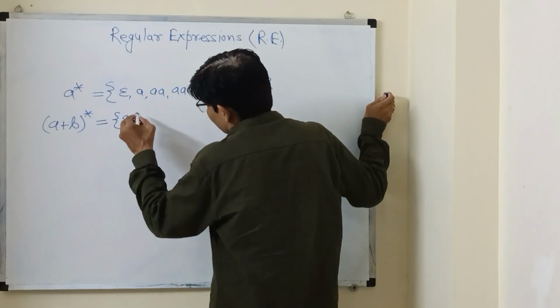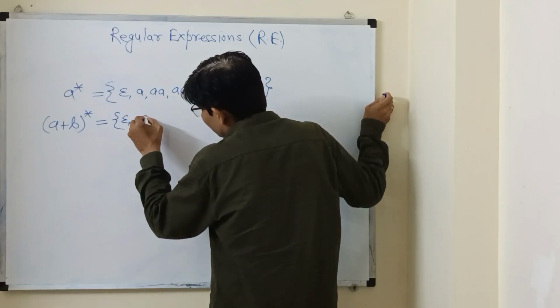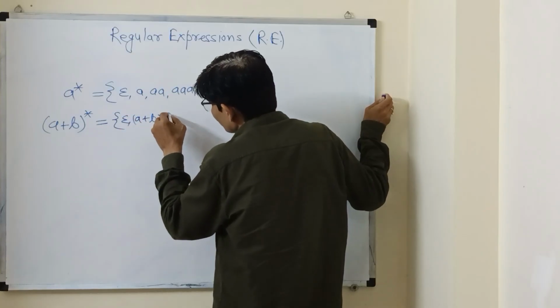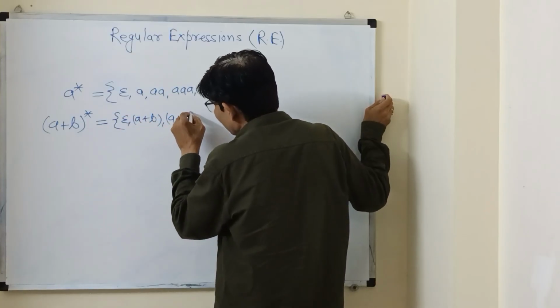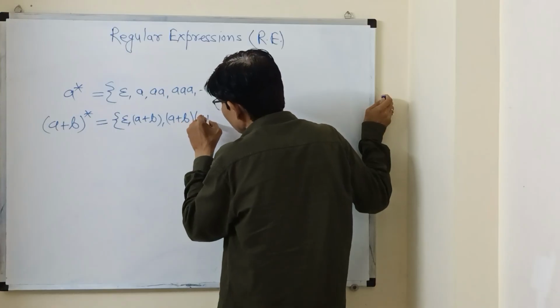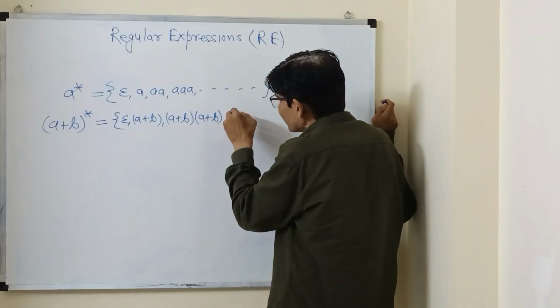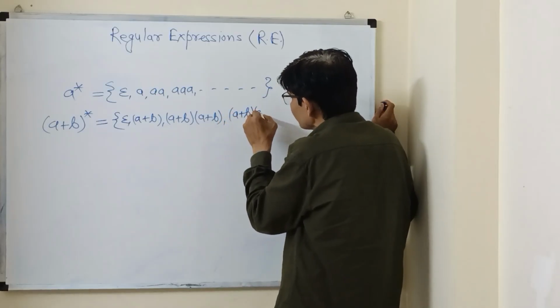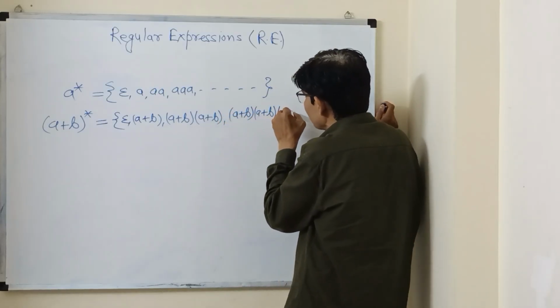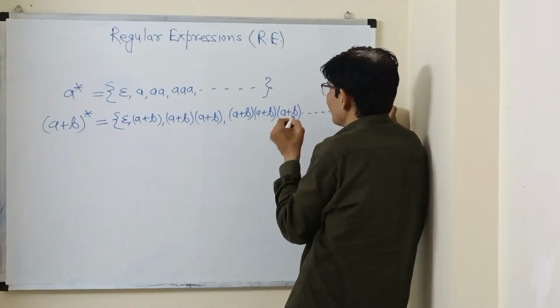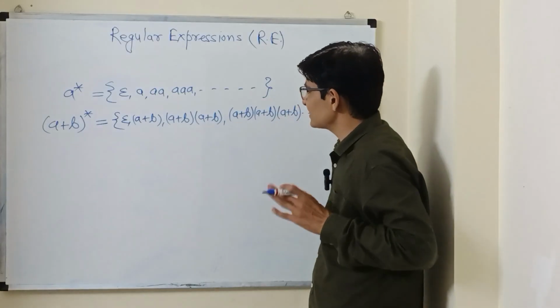Epsilon first, then a plus b, then a plus b, a plus b, then a plus b, a plus b, a plus b, like this, and you can have any number of occurrences of this a plus b.